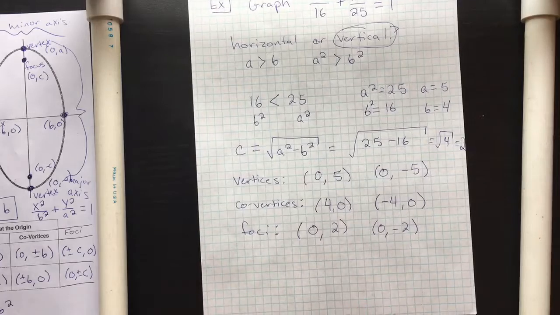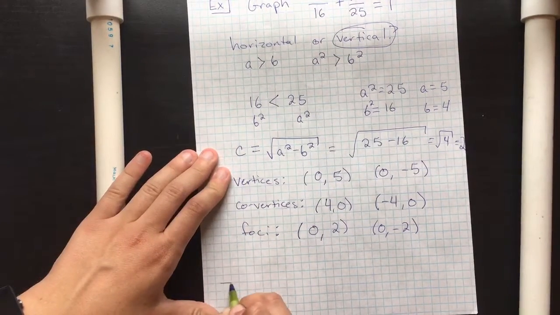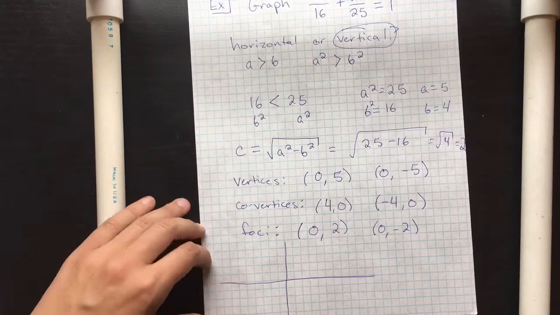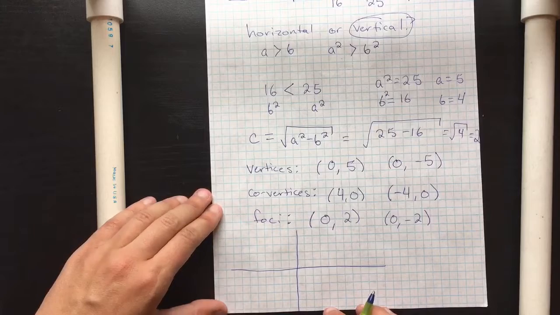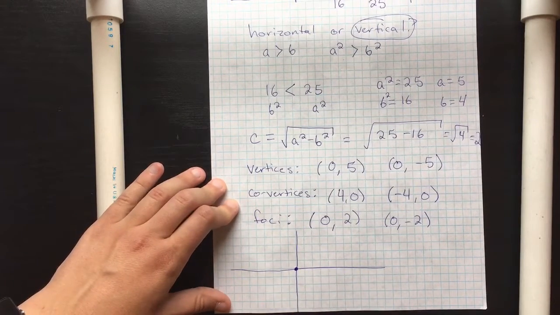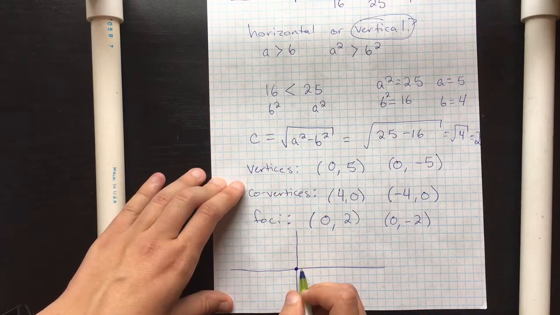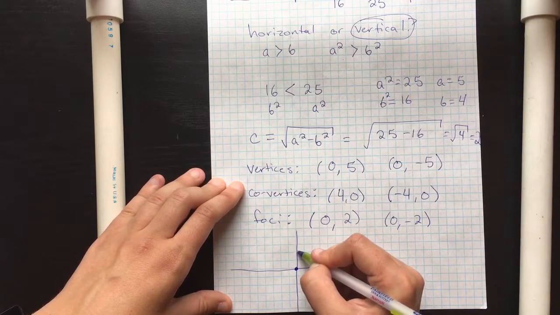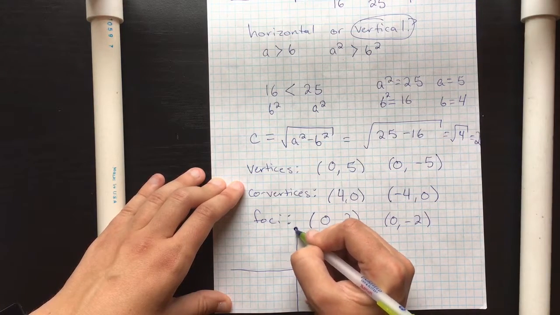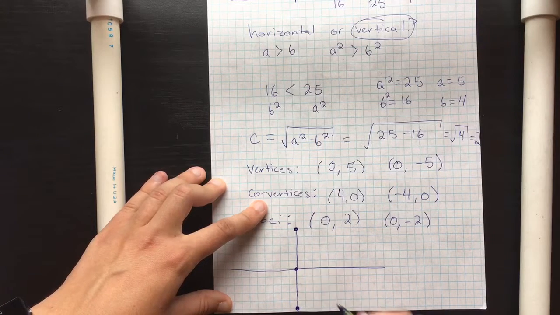All right, so then we can go ahead and graph. So our ellipses always have a center at 0 for what we're working on right now. So 0, comma 5, up 5. 1, 2, 3, 4, 5. 1, 2, 3, 4, 5.